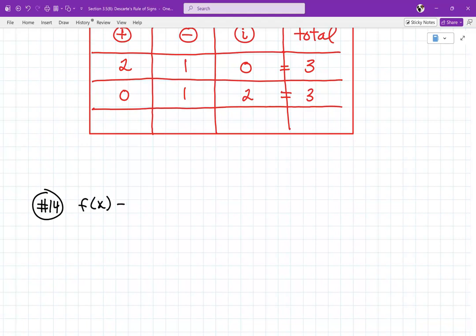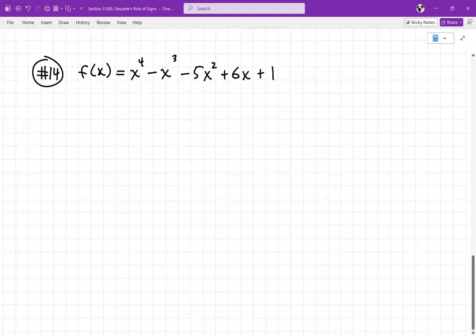F of x equals x to the 4th minus x cubed minus 5x squared plus 6x plus 1. Remember, we're trying to figure out how many positive solutions it has, how many negative solutions, how many imaginary solutions. How many solutions does this one have total?